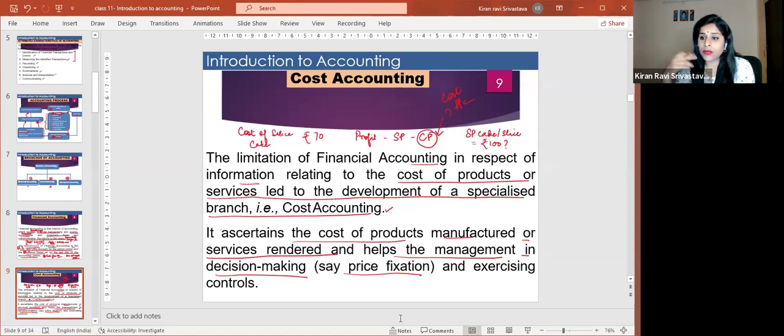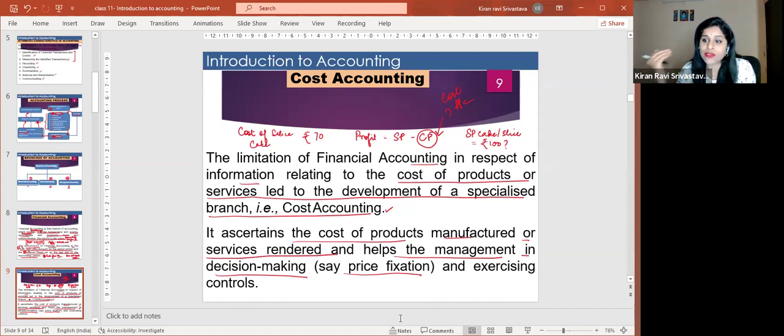Like when you go to a beauty parlor, you get a haircut done or some services rendered. What about designing software? It's all coding written, so the coders have to be paid money. So cost accounting tells that too.